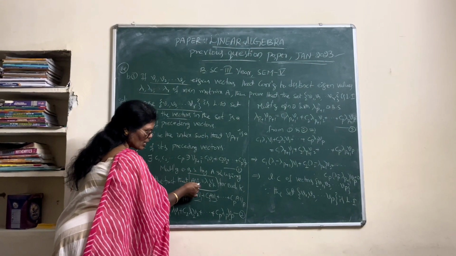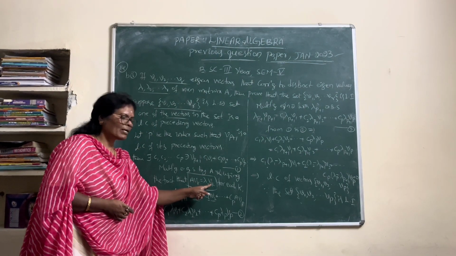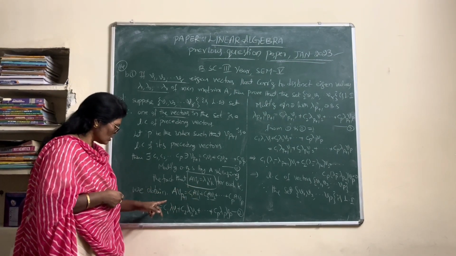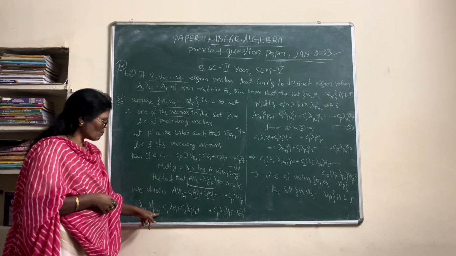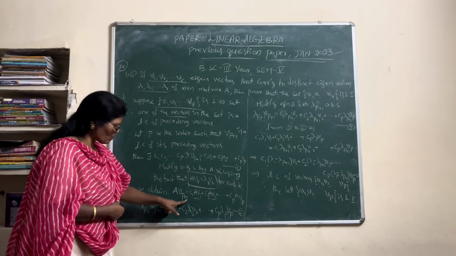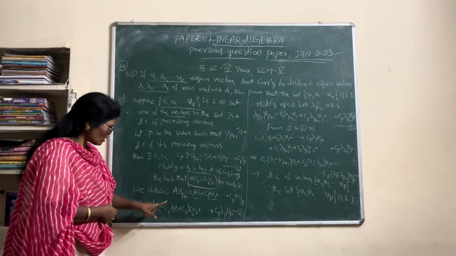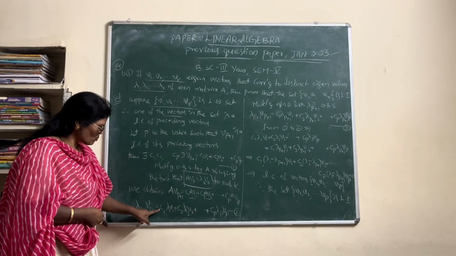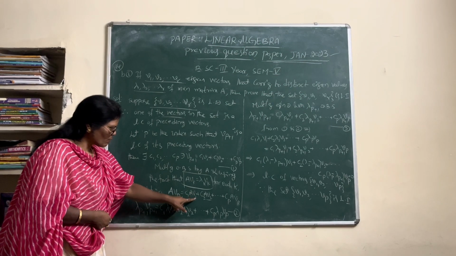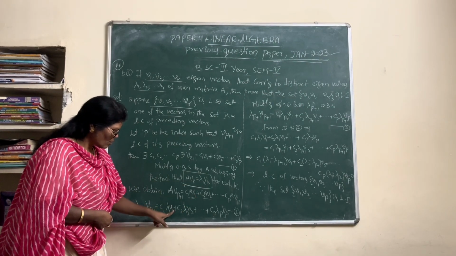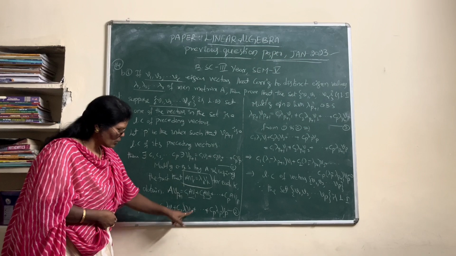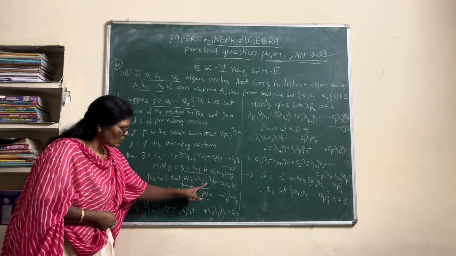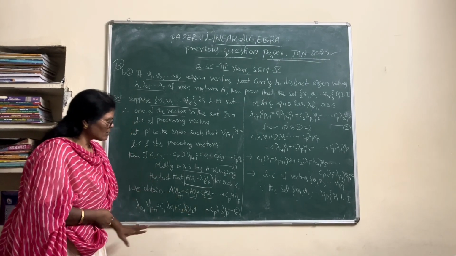By using the condition A Vk equals lambda k Vk, we substitute 1, 2, 3. So lambda p+1 Vp+1 is equal to C1 lambda 1 V1 plus C2 lambda 2 V2 plus C3 lambda 3 V3, so on, Cp lambda p Vp. Call this equation 2.